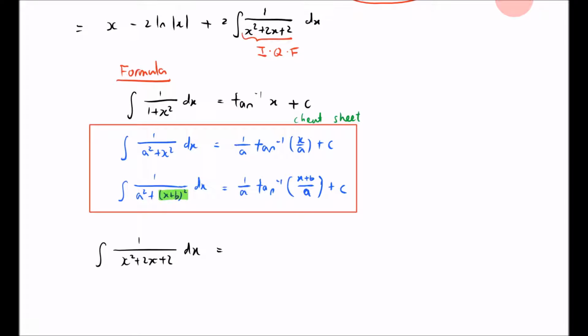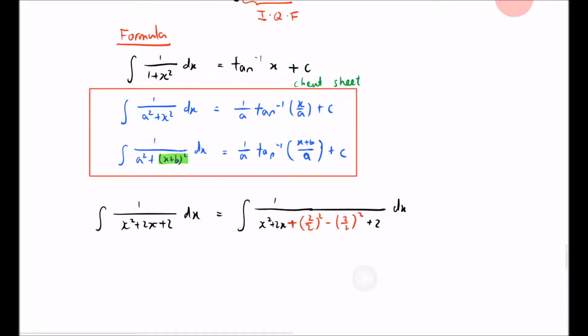There must be completing the square involved. So integrate 1 over x squared plus 2x plus, now this is where the completing the square comes in, plus (2 over 2) squared minus (2 over 2) squared, then plus 2. The plus 2 is from the question, right? So dx.